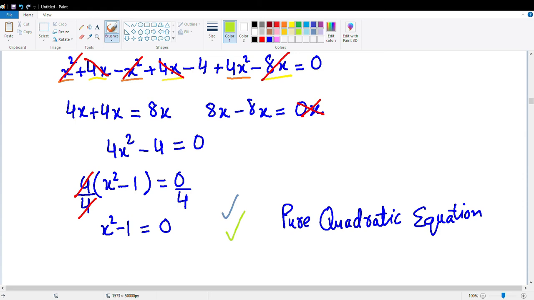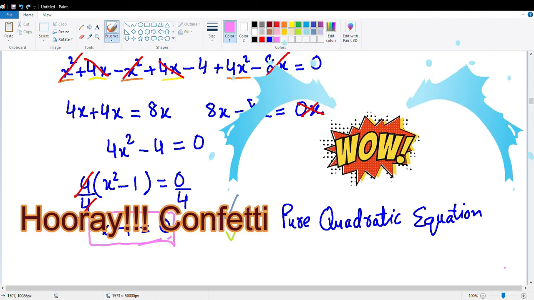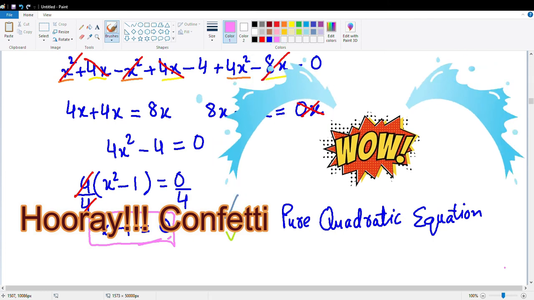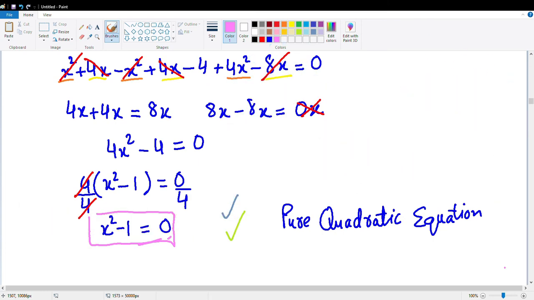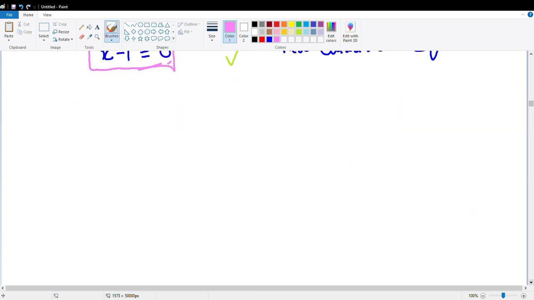Let's circle it. So it's a pure quadratic equation. Yay! Finally, one of them is a pure quadratic equation. So now let's do the next part. Let's move down a little bit.